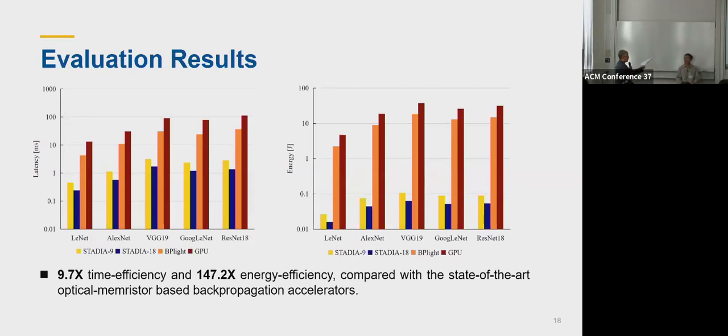In this slide, which GPU are you using? GPU performance seems too low, less than 18 takes only, is 100 milliseconds. So what GPU did you assume? This GPU is based on the existing HPC GPU platform.